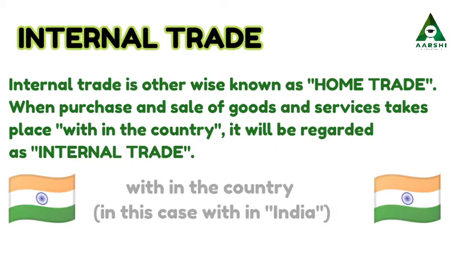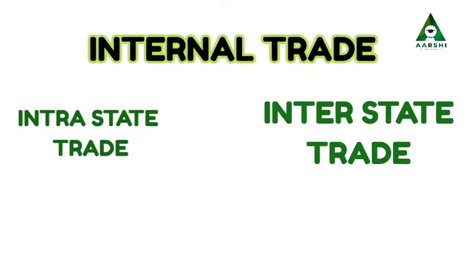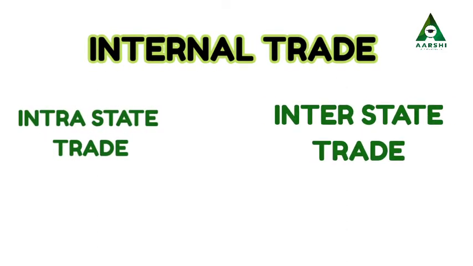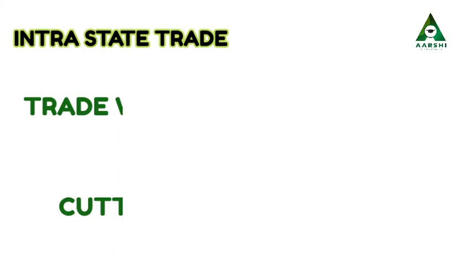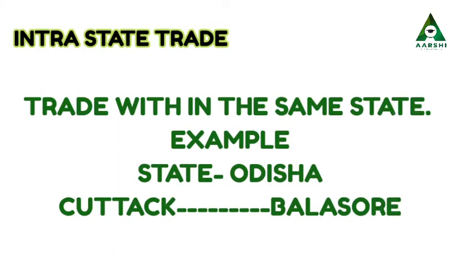Now, this internal trade can be intrastate trade or interstate trade. Now, what is intrastate trade and what is interstate trade? Intrastate trade means where purchase and sale of goods and services taken place within the same state. It will be regarded as intrastate trade. For example, a state name is Odisha.